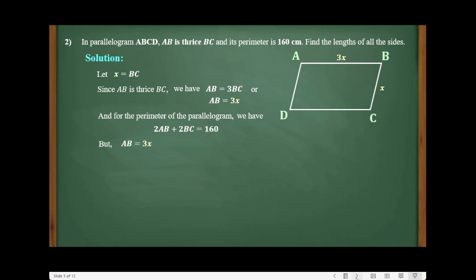But AB is equal to 3x. Therefore, we can plug in the equivalent of AB and BC, since BC is x and AB is 3x, so that we could form an equation in terms of x. 2AB is 2 times 3x, since 3x is AB, and 2 times BC, which is x, equals 160.